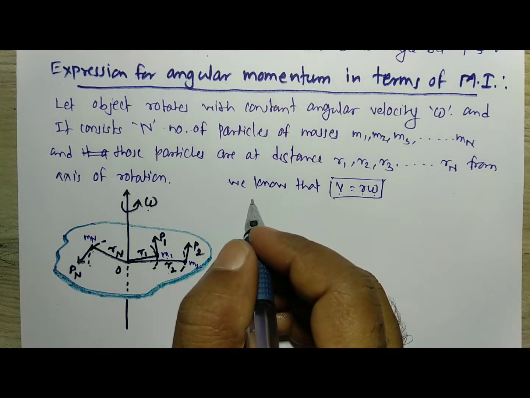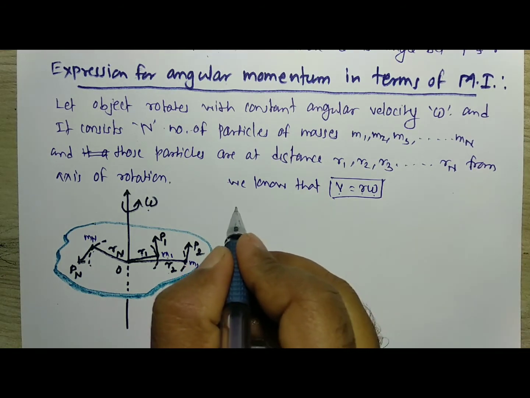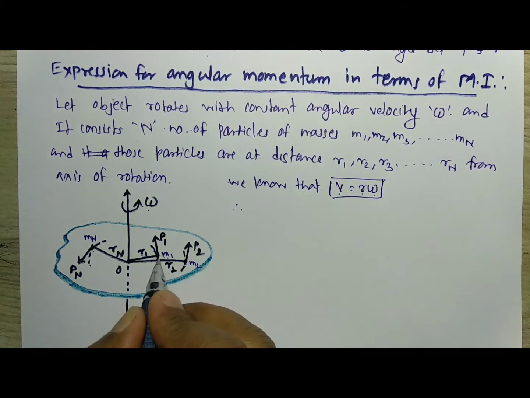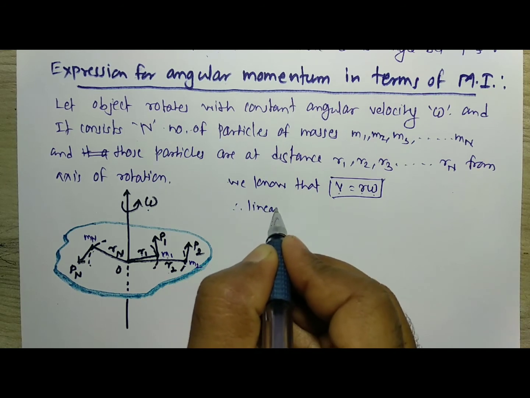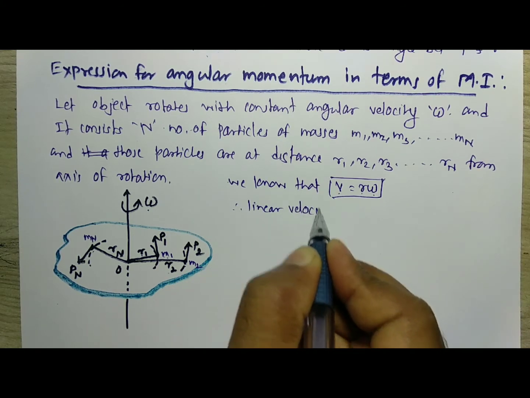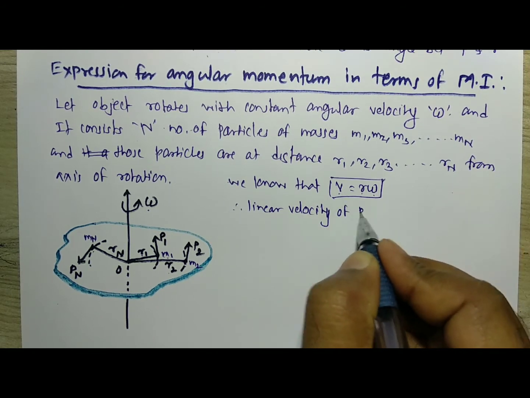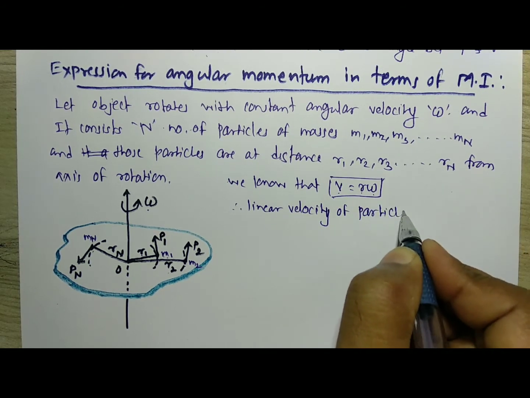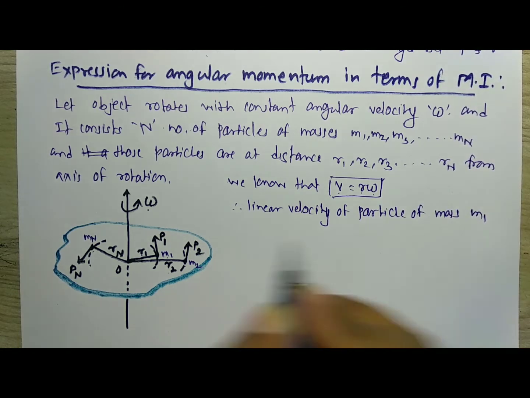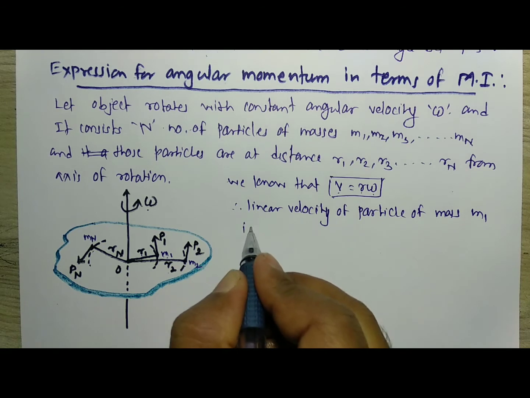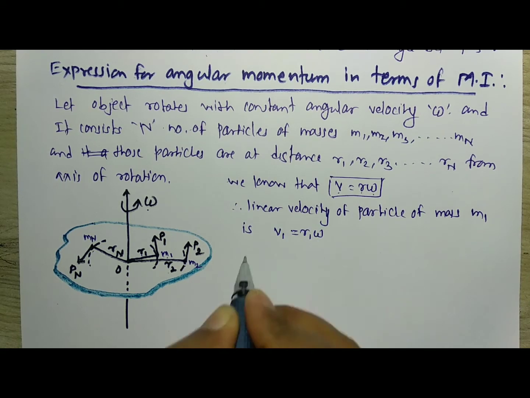Right now, first of all we have to consider V is equal to r omega, and therefore the velocity of the first particle, that means the linear velocity of the particle of mass m1, is v1 is equal to r1 omega.